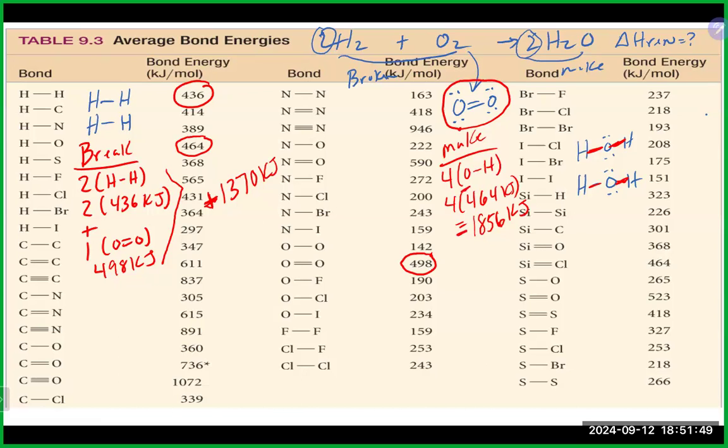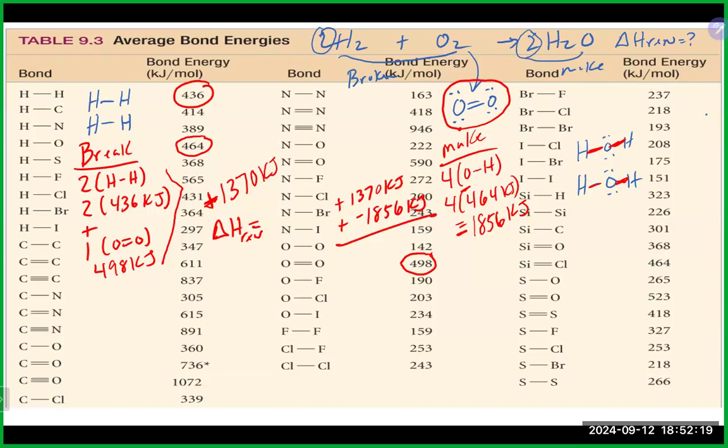Now I have all the energy required to break the bonds, and I have all the energy required to make the bonds. All I have to do now to figure out the delta H is add those together. So the delta H for this reaction equals my positive 1,370 kilojoules to break, plus my negative 1,856 kilojoules to make.